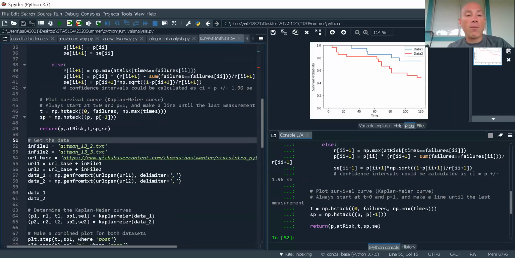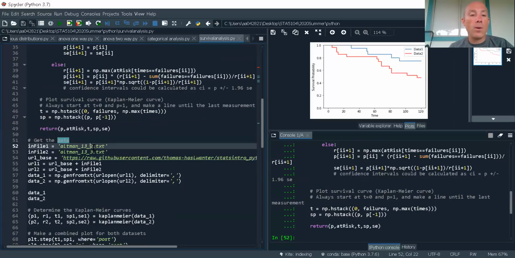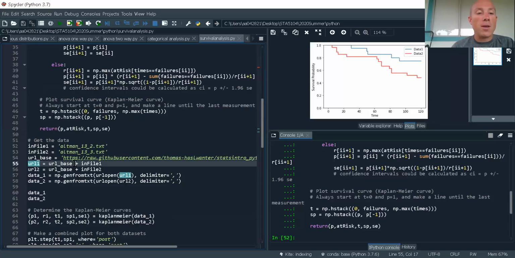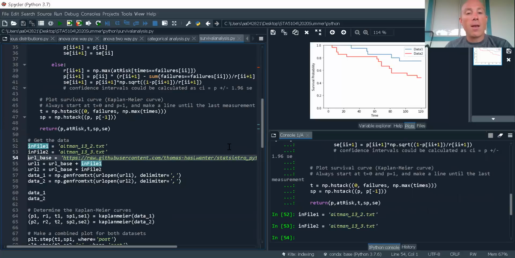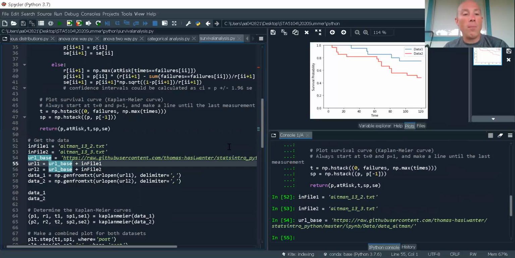I need to specify the text file for 13.2 or 13.3 from the Altman textbook. Then we're going to use this plus symbol to concatenate the two strings together, and pass those using NumPy's genfromtxt function. So let's go ahead and do that. Here is the first data set, the second data set, and here is the base URL for both of them.